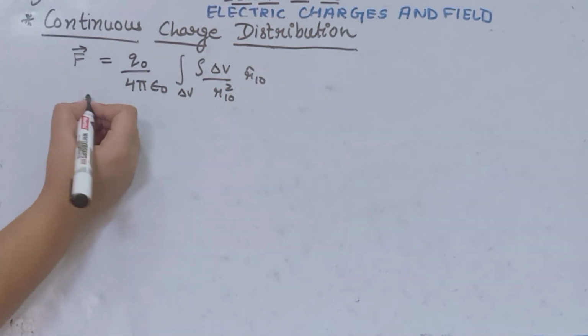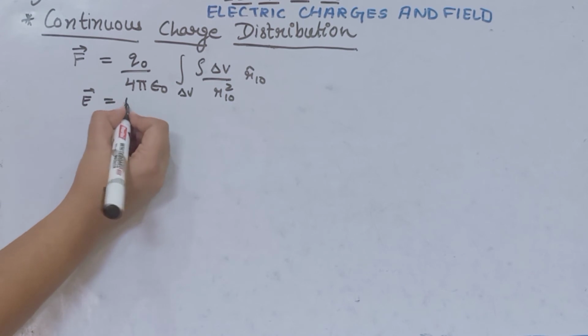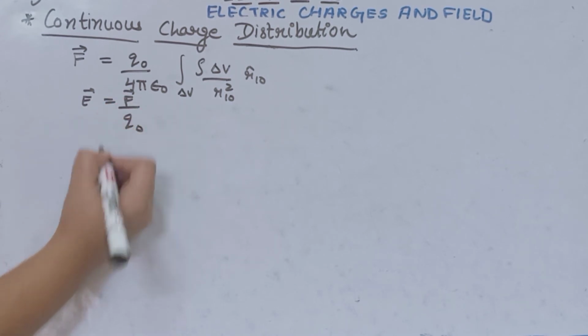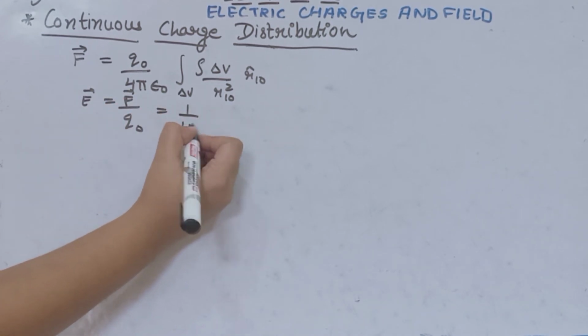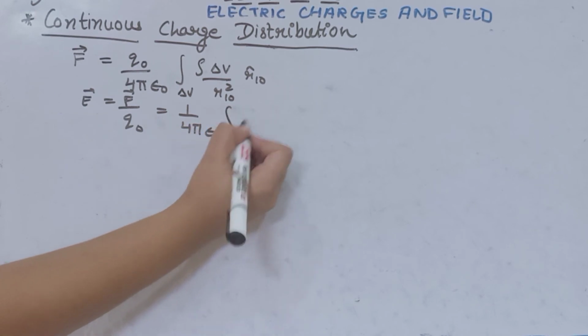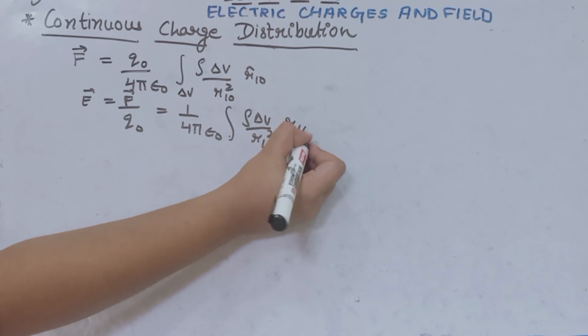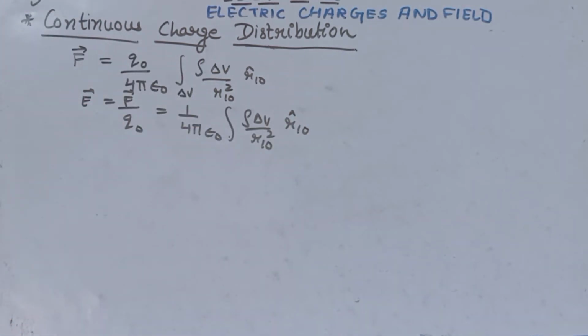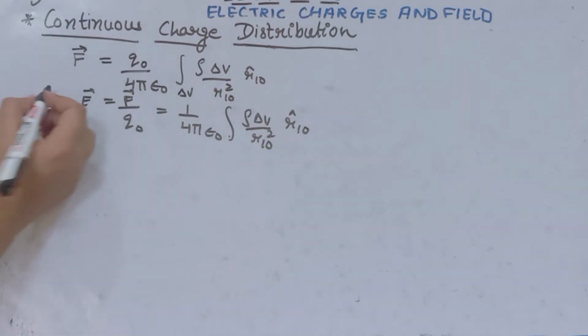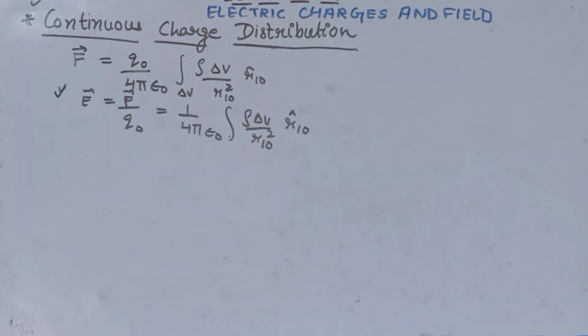Now electric field is simply force divided by the test charge, that is 1 upon 4 pi epsilon naught rho delta V upon R10 square into R10 cap. So this is the expression for the electric field due to continuous charge distribution.